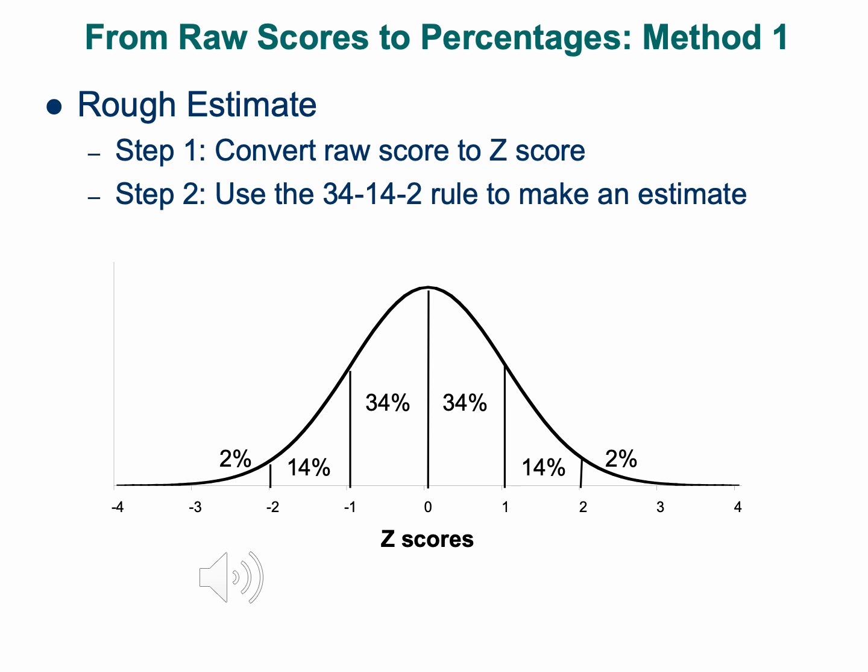Now, if you look at the curve here, you've got 34% plus half of 14%, which would be 7%. So 34% plus 7 would be 41%. So 41% of the curve is between 0, the mean, and 1.5 standard deviation units above the mean.